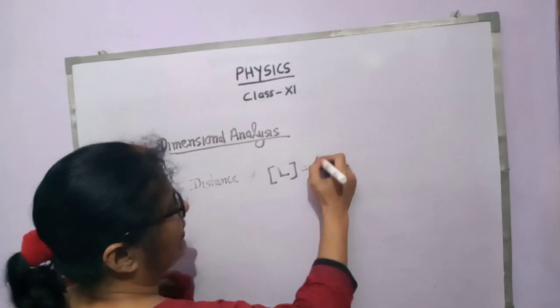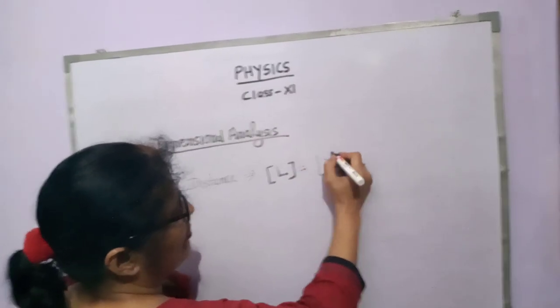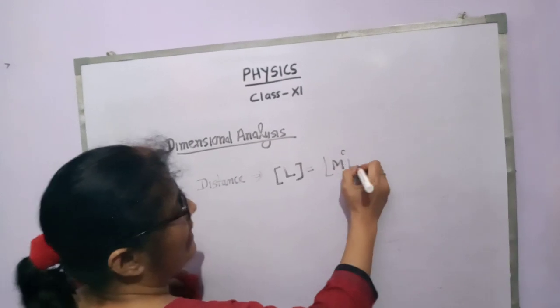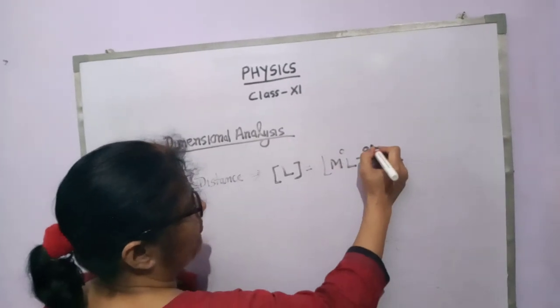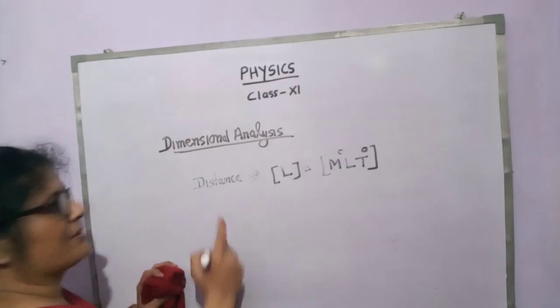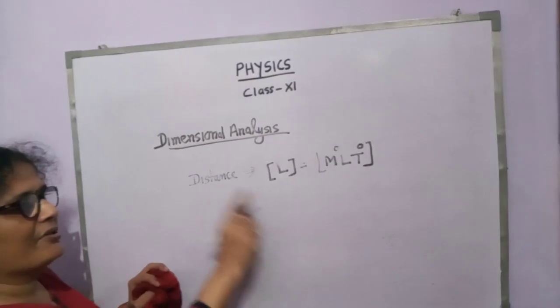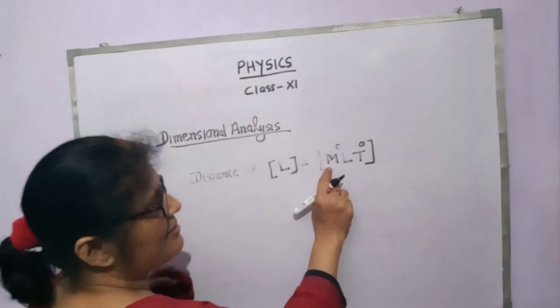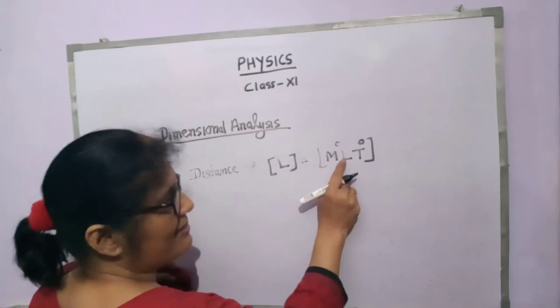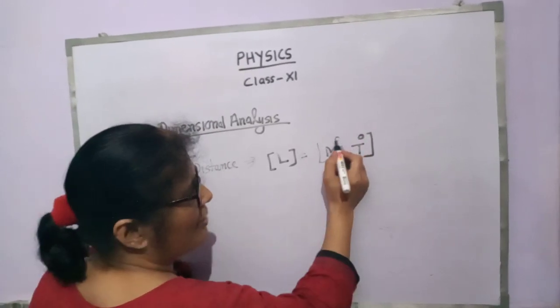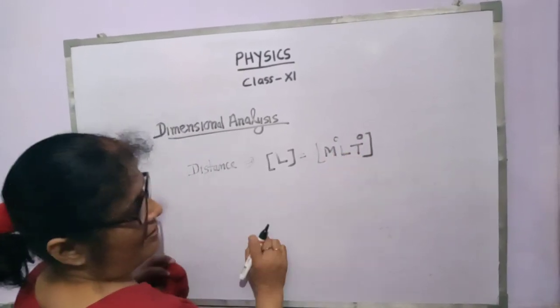We can write it here, M raised to the power 0, L, T raised to the power 0, since anything raised to the power 0 is equal to 1. Then the dimensions of distance: in mass is 0, in length is 1, in time is 0. So these powers are known as the dimensions.